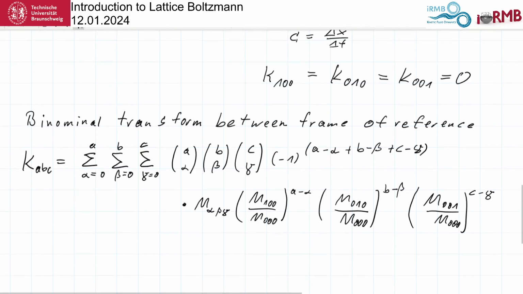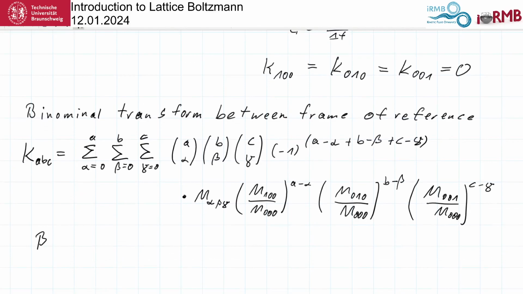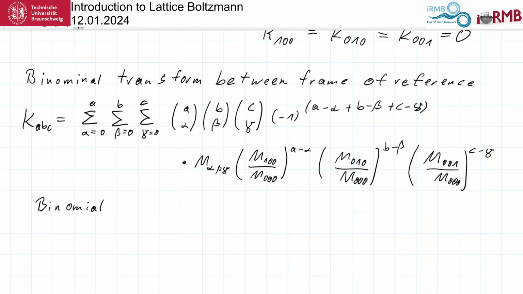And of course this binomial, as it is not a vector, is defined as A over alpha is A factorial divided by alpha factorial times A minus alpha factorial. So that's the binomial.